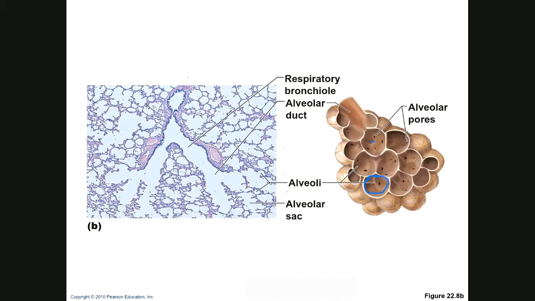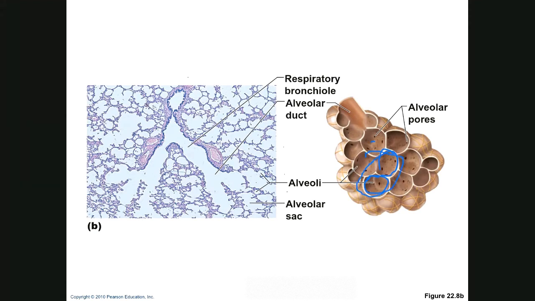Now, looking at this picture, it's easy to explain what happens when you get emphysema. This pore and this pore may rupture and become one. So then, since you don't have as much surface area, you have twice as much space.